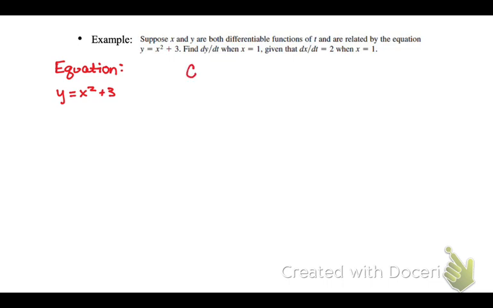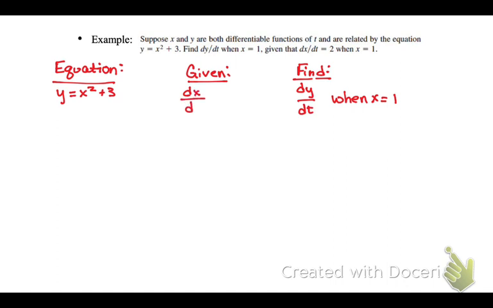We're going to have a given, and we're going to have a find. It says find dy/dt when x is 1, given that dx/dt equals 2.